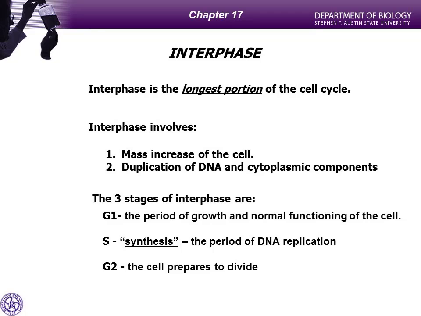G1, growth of the cell, synthesis, replication of our DNA. If you want to put out here in parentheses, sister chromatids, because that's the first place we see our sister chromatids. And the cell prepares to divide, we still have sister chromatids here. I don't know if you want to put that there or not. But we're not going to form our chromosomes again until toward the end of mitosis.